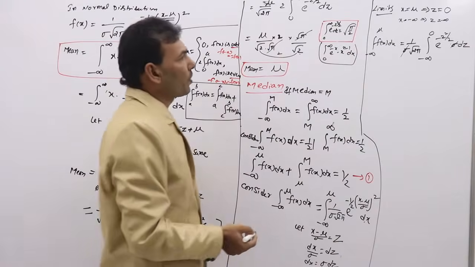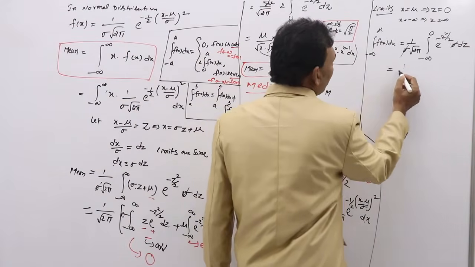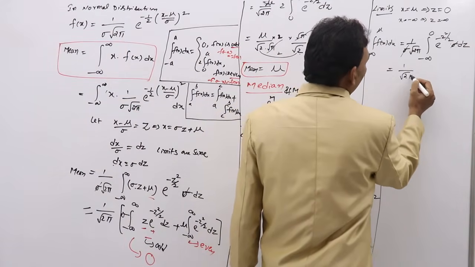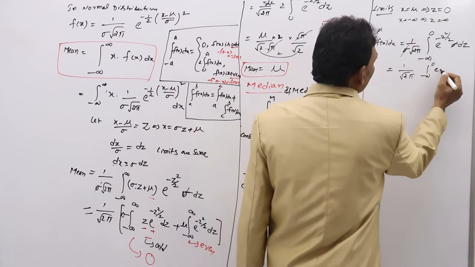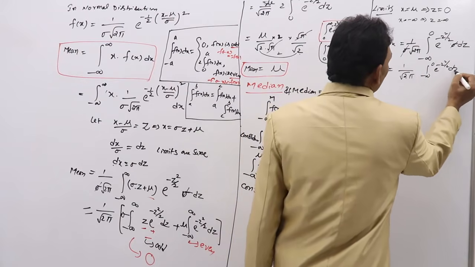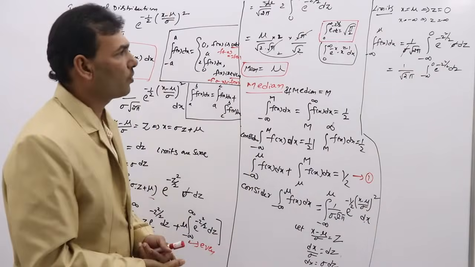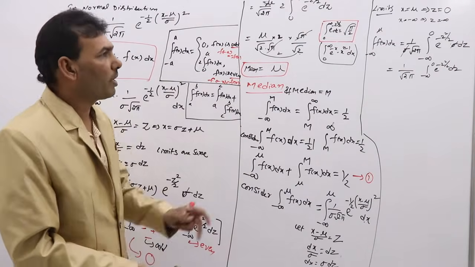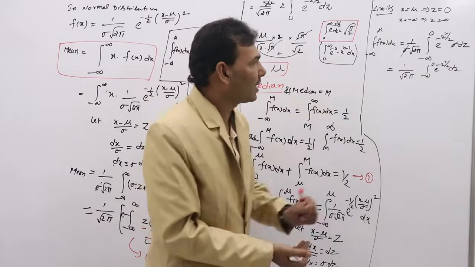So what is left over you are having: 1 by root 2 pi, integral from minus infinity to 0 of e power minus z square by 2 dz. The remaining sigma gets cancelled there.